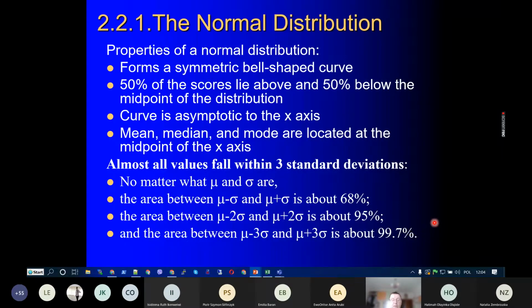And we have the three sigma rules for standard deviation.